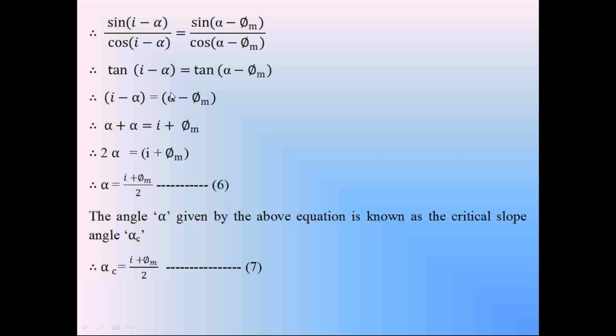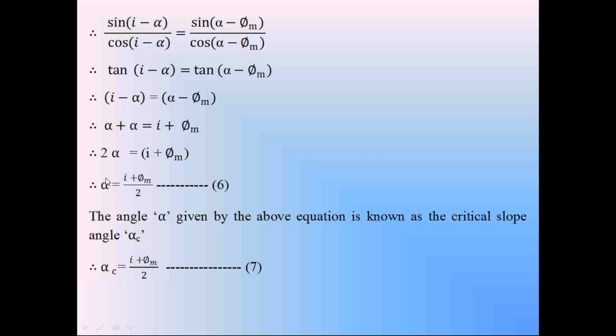Bring this minus alpha to the right side, plus alpha, and minus phi m to the left side, plus phi m. So this equation becomes 2 alpha is equal to I plus phi m. From that, alpha is equal to I plus phi m by 2.